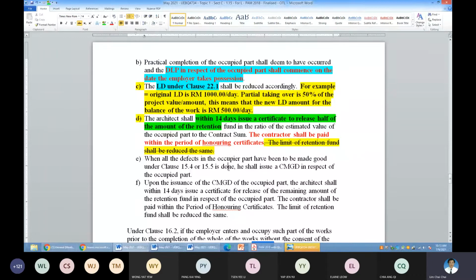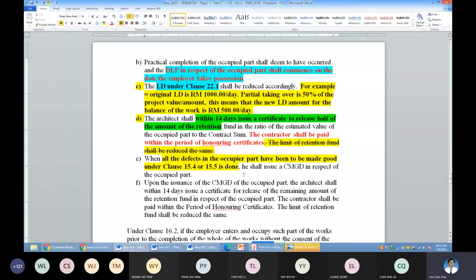As usual, the DLP period for that particular part will commence. The defects and also how to remediate them will have two lists. For example, your clause 15.1, the first list attached to this partial certificate, and how to handle it is exactly the same as I mentioned to you just now.